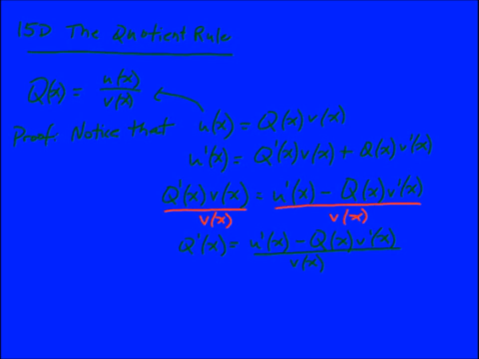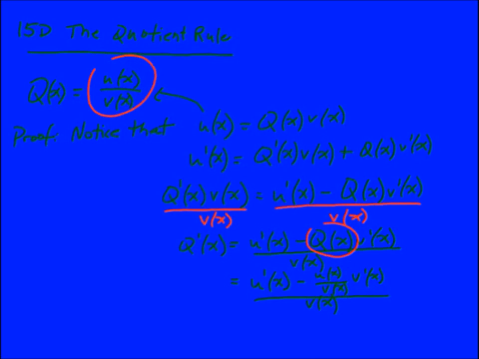But notice that q is equal to this. Okay, so let's substitute that in right here. So u dash subtract u of x over v of x times v dash, all over v.